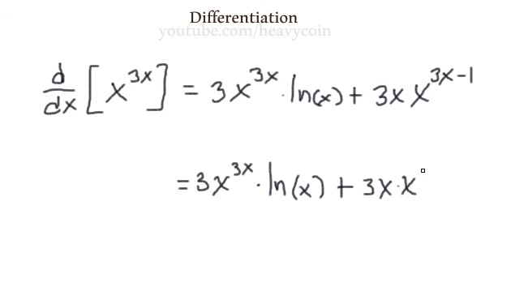I think I'm going to separate this part here. So I can split this up as x raised to 3x times x to the negative 1. Now if we have an x to the first power and an x to the negative 1, those are going to cancel out. And so we're just going to end up being left with, just rewriting everything again.